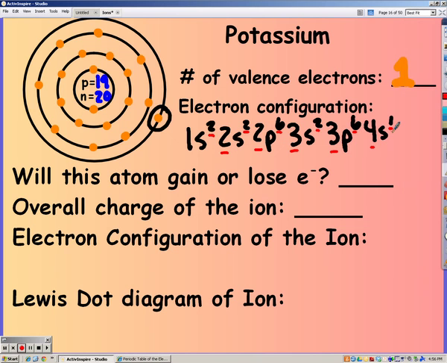So we've got to think, is it going to gain or lose electrons? It's easier to lose 1 than to gain 7. When it loses, remember that it's going to have a positive charge. And since we've lost 1, it should have a positive 1 charge. Notice that it's going to lose the 4s1 because that's the outer electron.